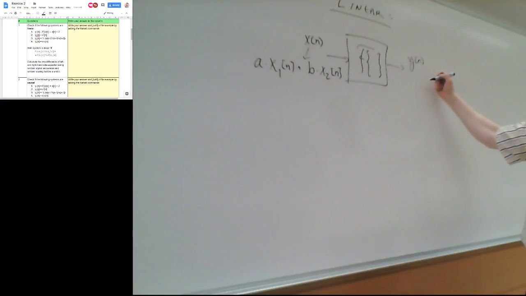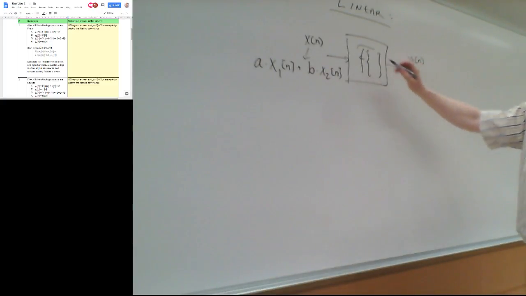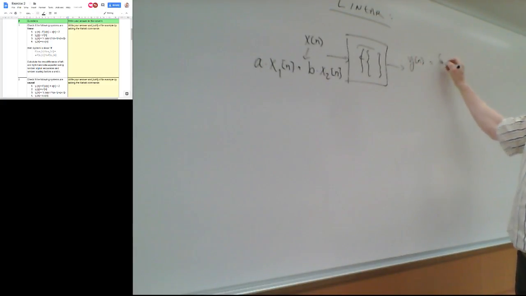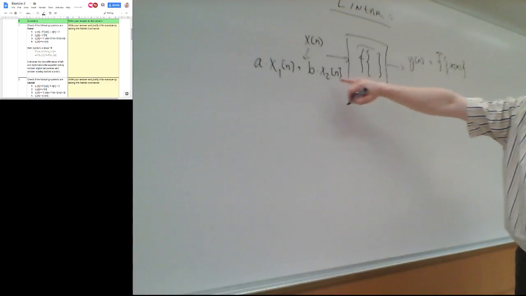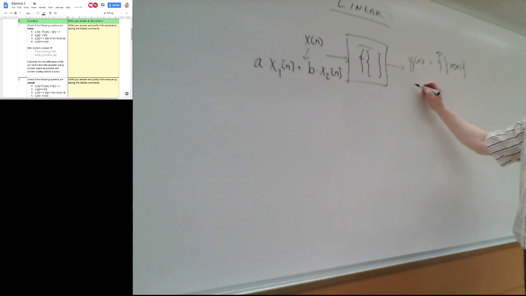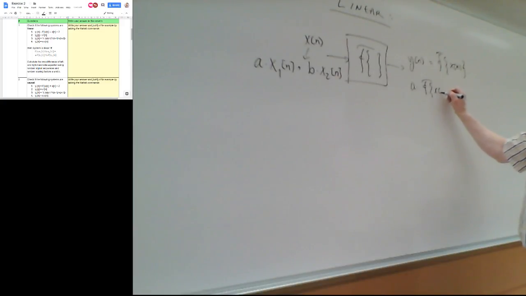What should come out is actually, well, for x[n] it would be like this, but for that input you should get a times f(x1[n]) plus b times f(x2[n]).